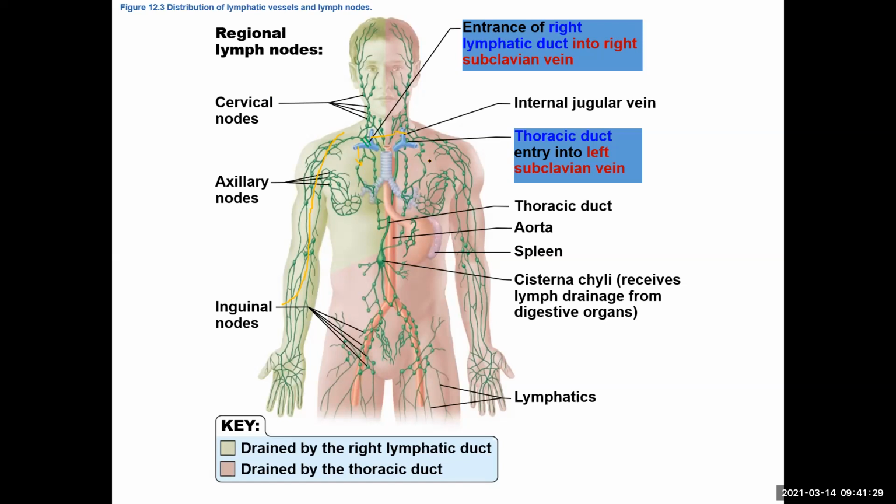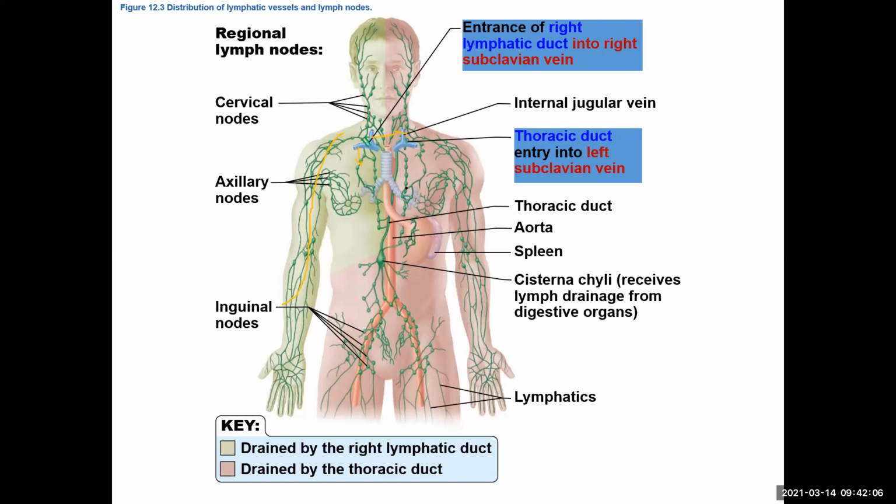Okay. Now the question is, when lymph flows throughout our body, is it a one-way system or a two-way system? The way we learned when we discussed blood circulation within the heart, the blood from the right ventricle goes through the pulmonary artery to the lungs, and then from the lungs it returns through the pulmonary veins into the left atrium.